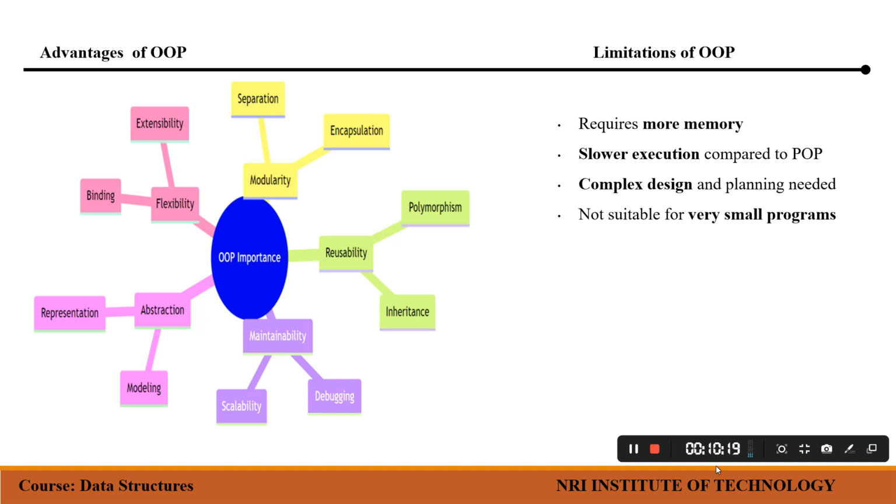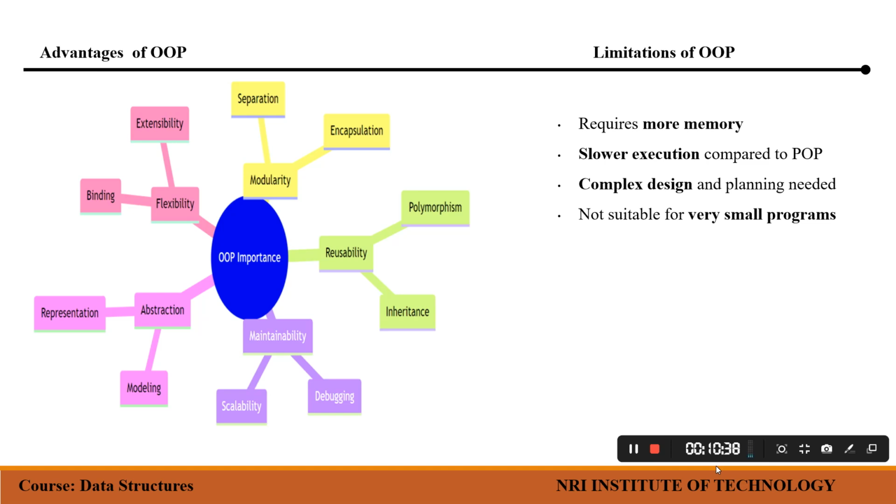Next, advantages. So the importance of OOPS, its flexibility, its modularity, its reusability, maintainability, and abstraction. So flexibility is it provides binding and extensible. Modularity, separation is there, and of course, it provides encapsulation.